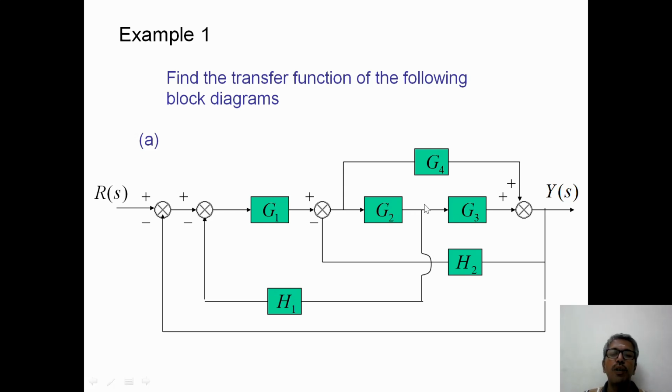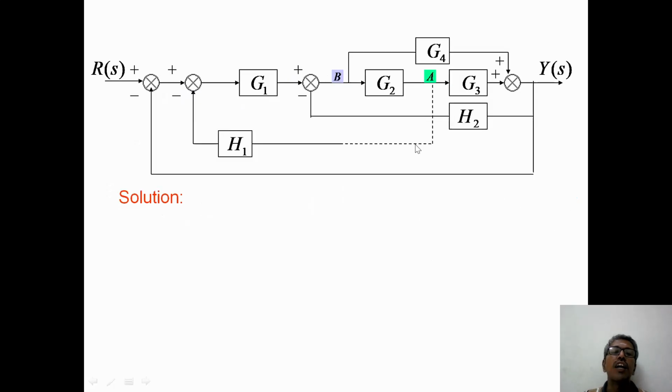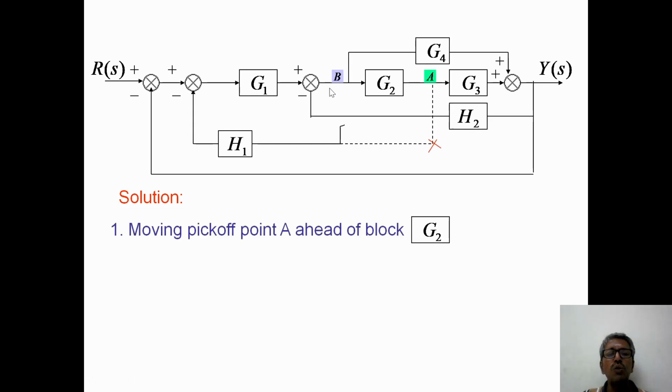So the first step, you have to move the pickup point from A to B, using the rule for moving the pickup point. You are moving it ahead of G2, so you have to add an extra block G2.